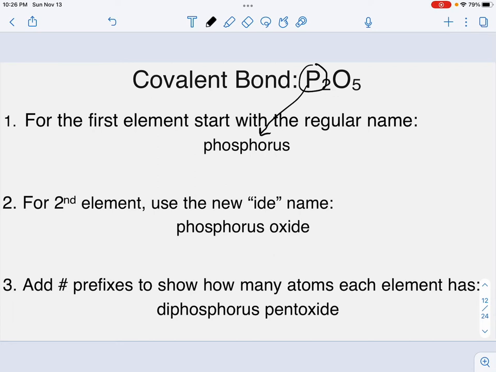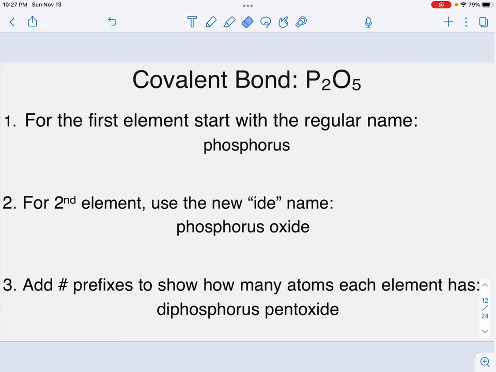So the second element is oxygen. But remember, oxygen transforms, and if you look at your list, it turns from oxygen to oxide. So now we have both of our names. The first element is just a regular name, and the key to this is oxygen has now become oxide.